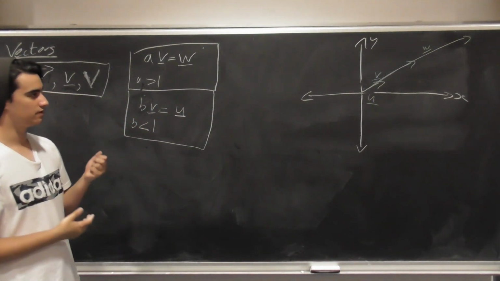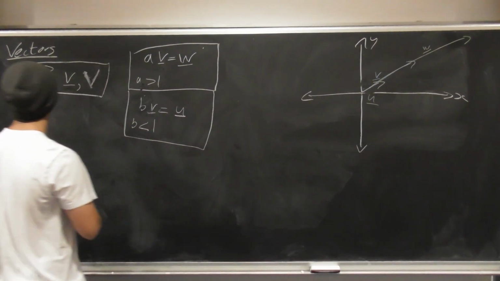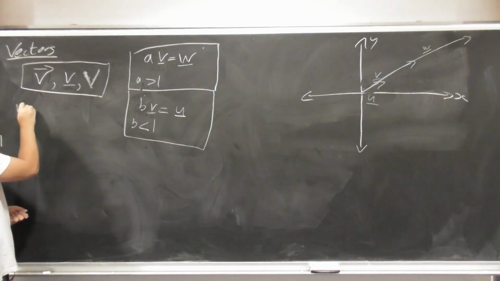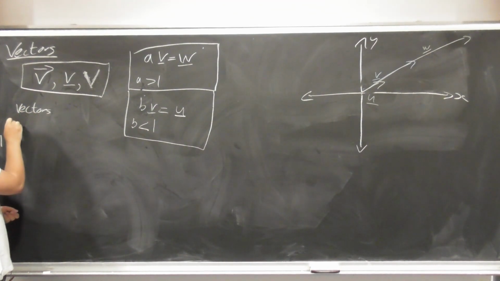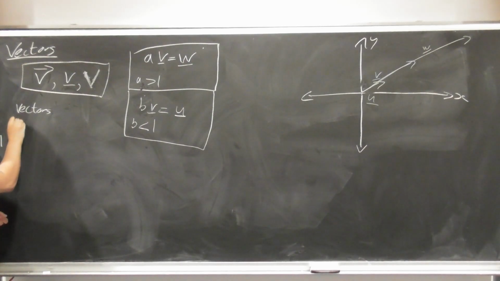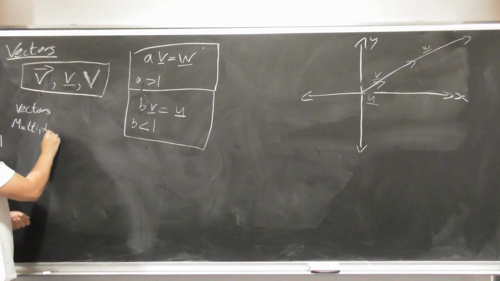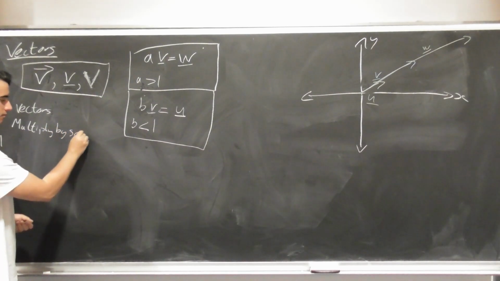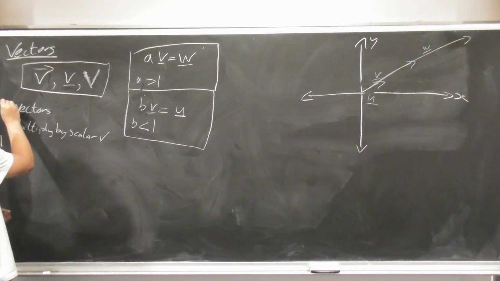So we now know that you can take a vector and multiply it by a scalar. We've shown that this can be done.